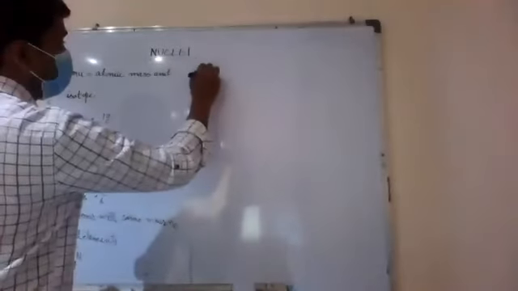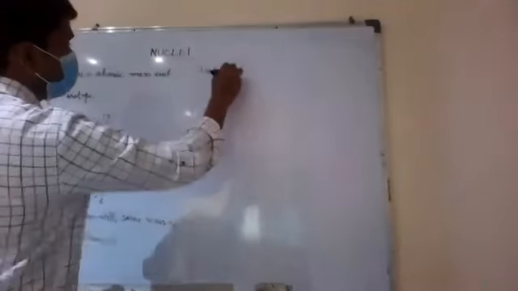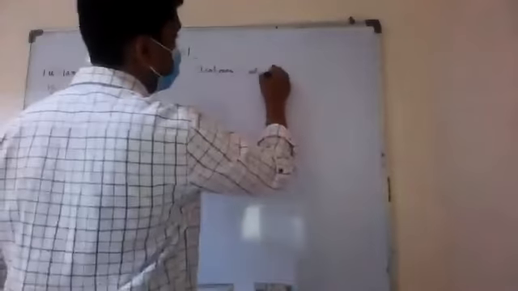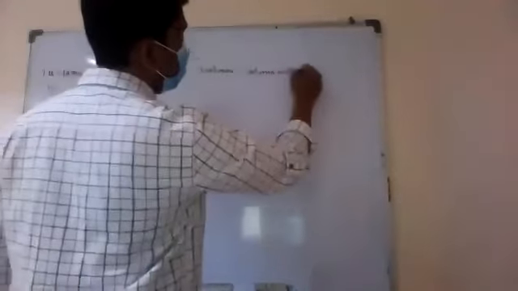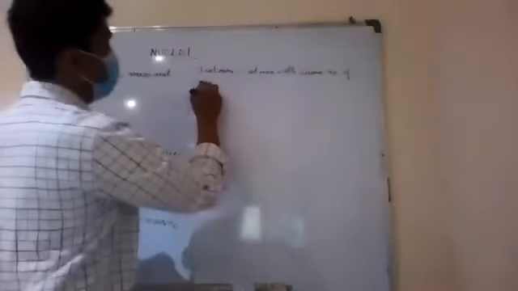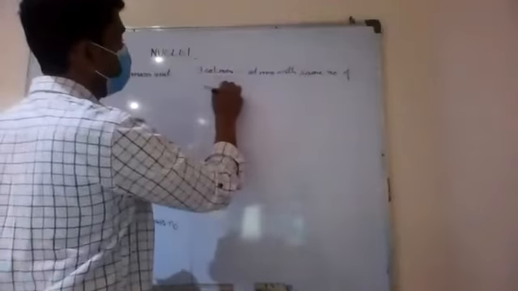Next, we have isotones. What are isotones? Atoms with the same number of neutrons are said to be isotones.